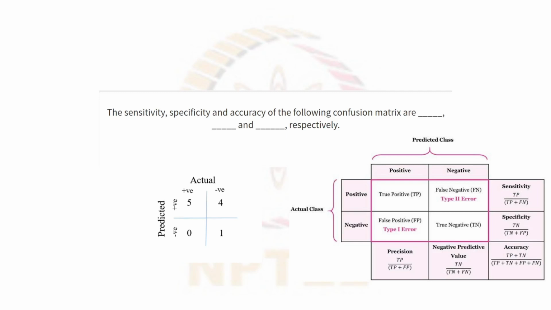Sensitivity is given as true positives divided by true positive plus false negative. Specificity is given as true negatives divided by true negative plus false positive, and accuracy is the sum of true positives plus true negatives divided by true positive plus true negative plus false positive plus false negative.